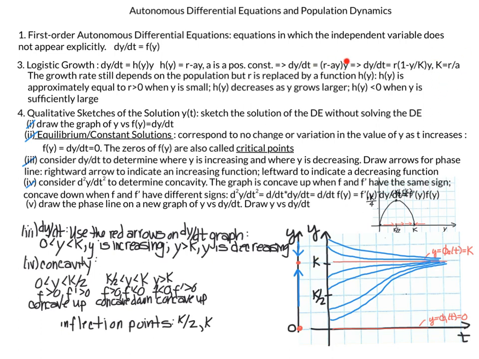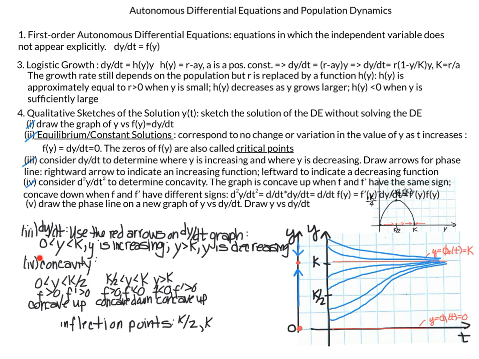I mean, we totally rewrote our equation to include this k, and the k is our maximum, our carrying capacity or saturation level. We'll talk about that a little more. But essentially between 0 and k, we're increasing. And then we had also found before, and we notated it with this blue arrow, for y greater than k, y will be decreasing. So we're going to have decreasing functions here.